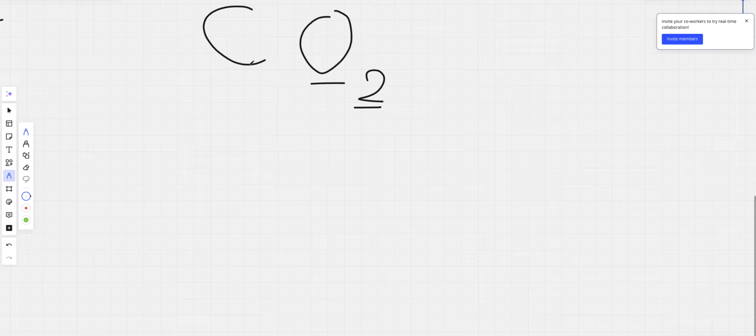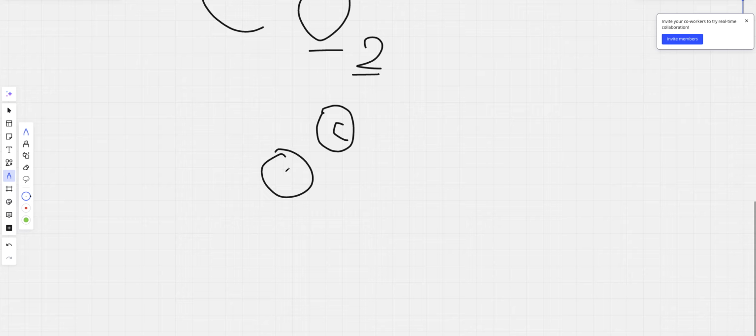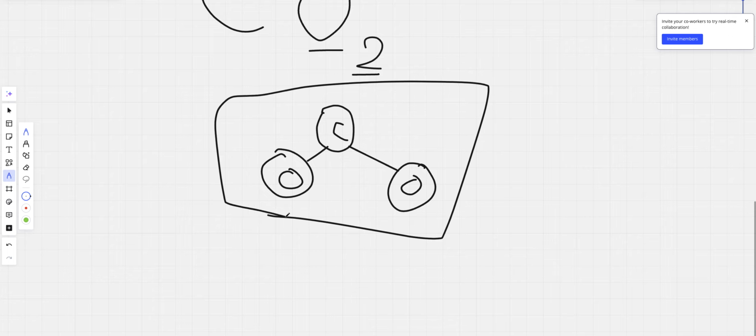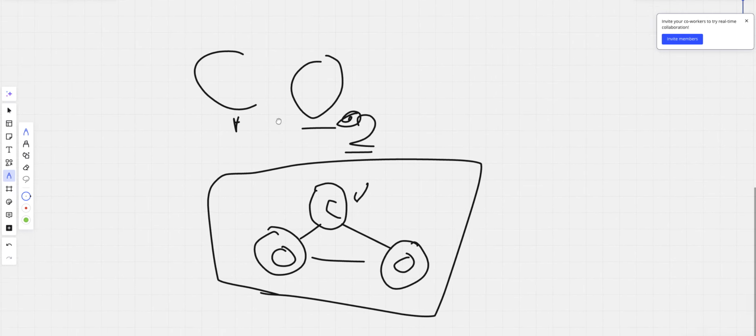A CO2 molecule usually looks like this: O, C, O, and these are the bonds. This is a CO2 molecule, 2 oxygen atoms and 1 carbon atom.